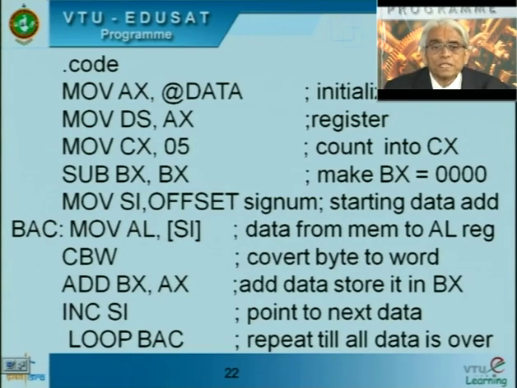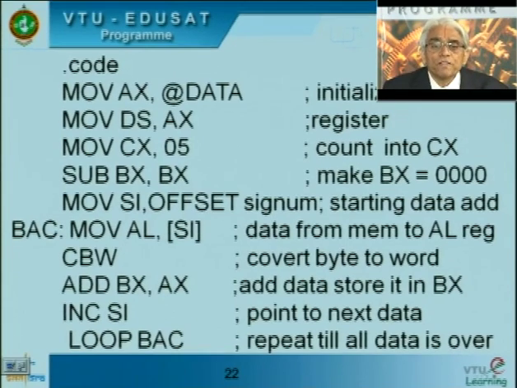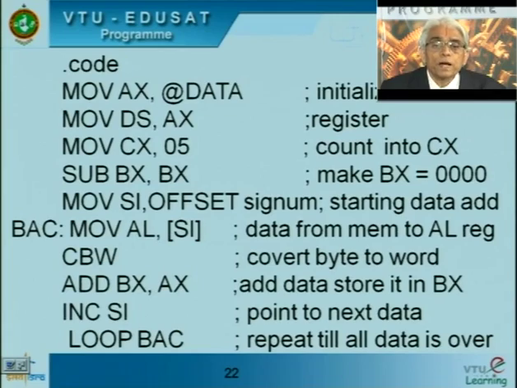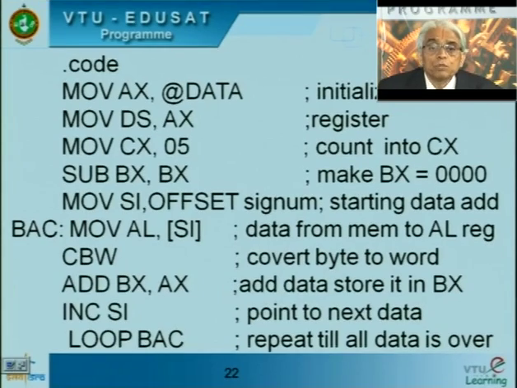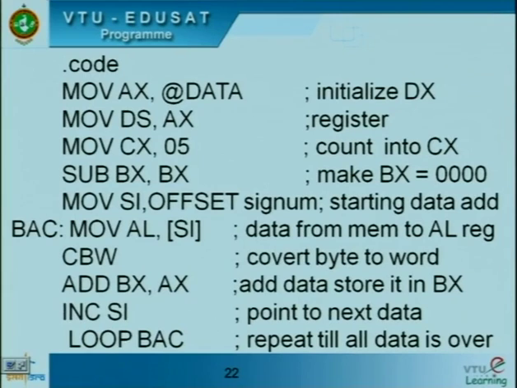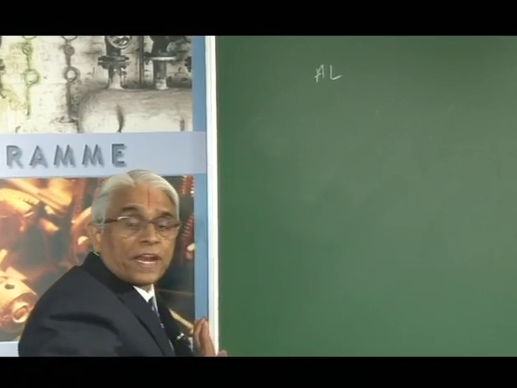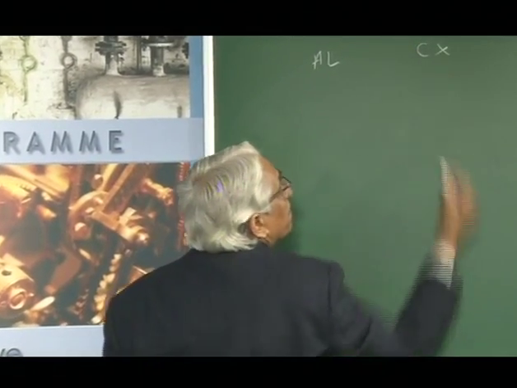So let me represent the whole thing on the board, the way in which I am going to debug, which you can really do when you are writing a program in the lab elsewhere, to make sure that you don't make a mistake. So let me go to the board and explain the process. Here I am talking about the AL register content, and the CX register.